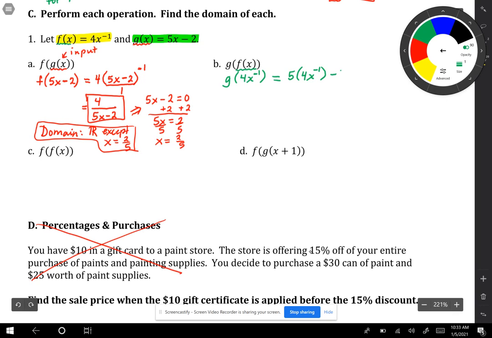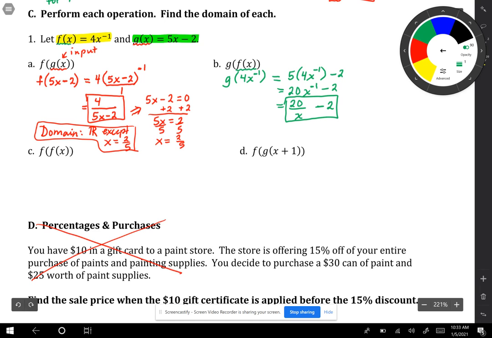Then subtract 2. That is 20 x to the negative first minus 2 equals 20 over x, because x to the negative first over 1, you're just going to move it to the denominator and make it positive. Don't do anything else to anything.